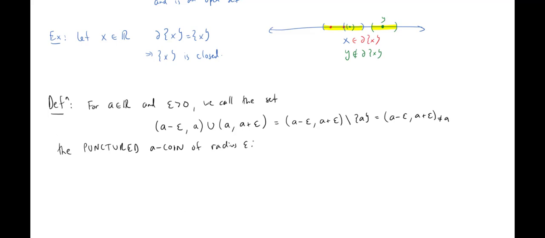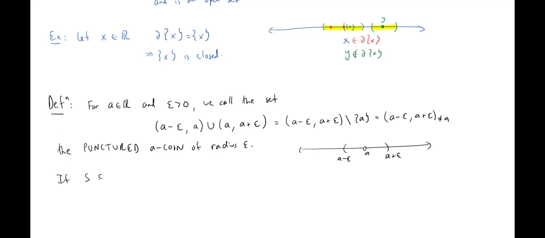So now that we have a definition of a punctured a coin, pictorially you're basically saying, there's my a, I'm going to put a hole in here. And there we go. So I have a minus epsilon, a plus epsilon, but we ditch the a in the middle. So that's the puncture wound.